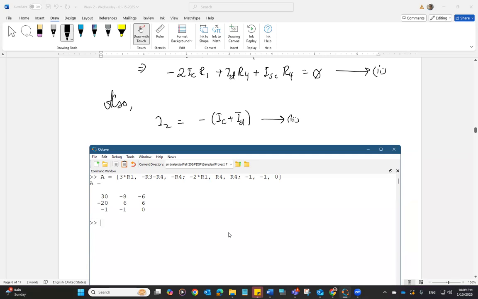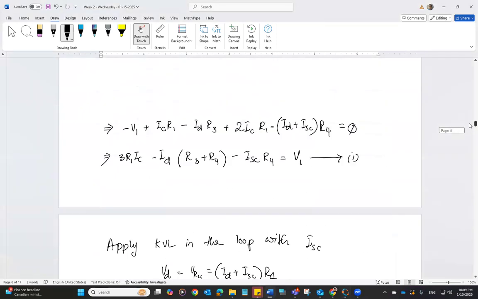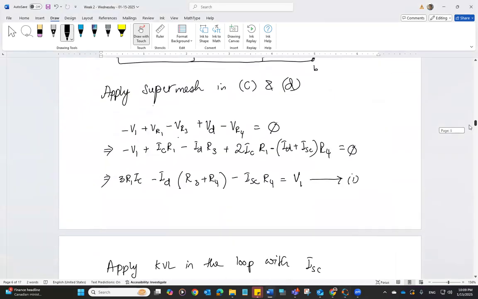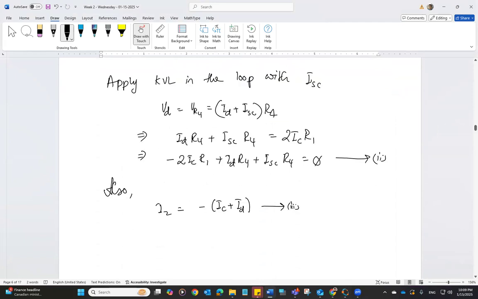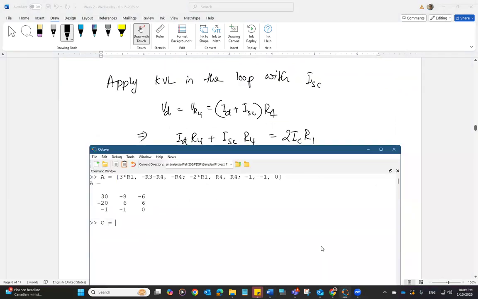So that's my A, and my constant vector on the other side of the linear equations. The first is V1, equation 1, equation 2, 0, and equation 3, I2. So V1, 0, I2. So this is my constant vector.